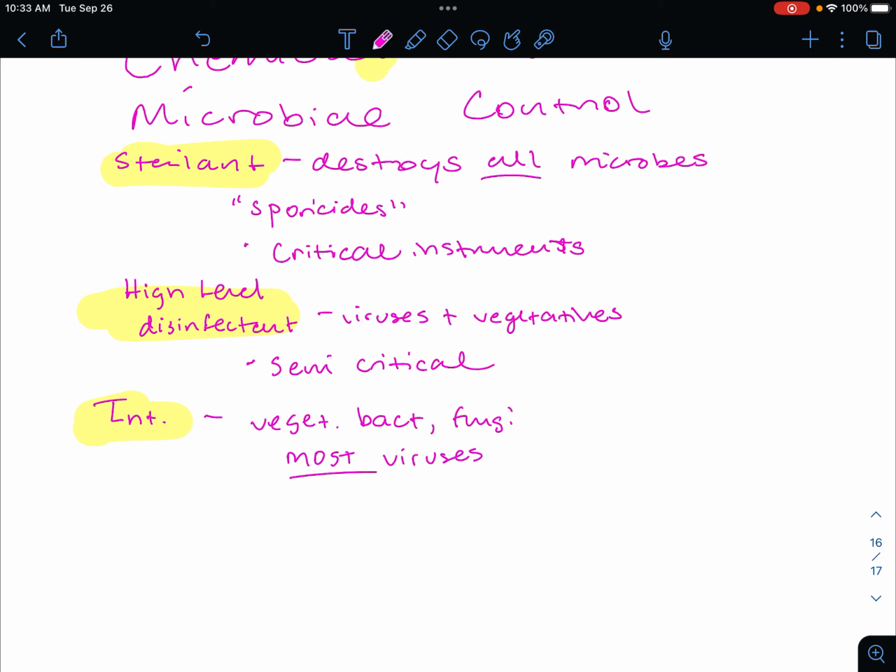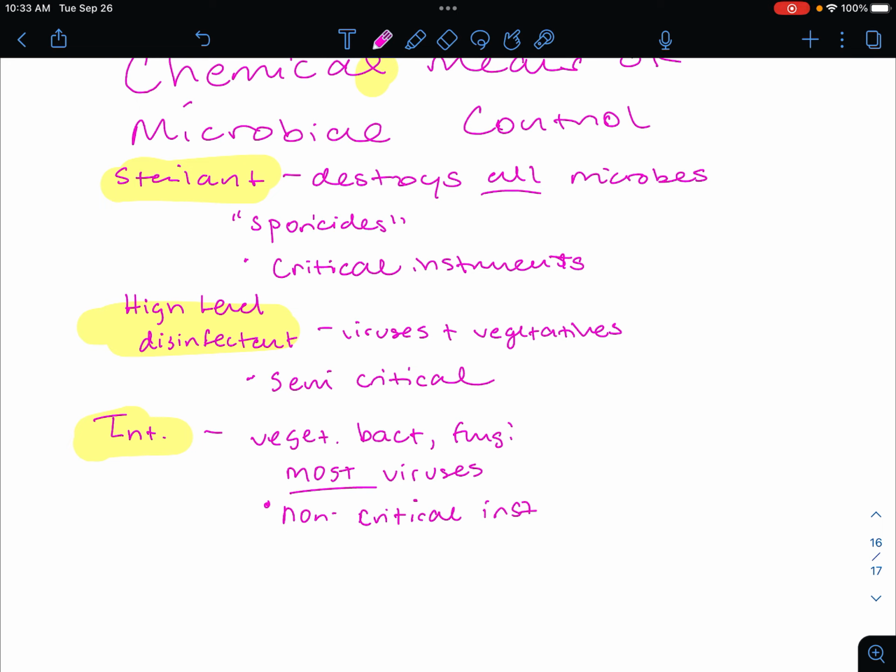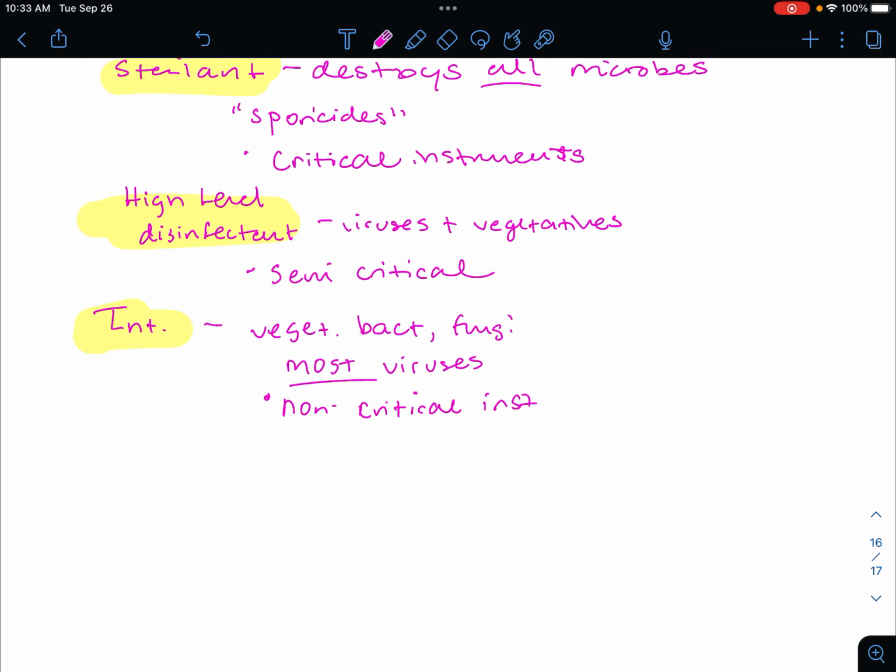Keyword there being most again. These are going to be on non-critical instruments. So again, non-critical instruments, these aren't coming into direct contact with the living tissues during a medical situation. So we don't have to use a sterilant on them, but we could just use an intermediate level.